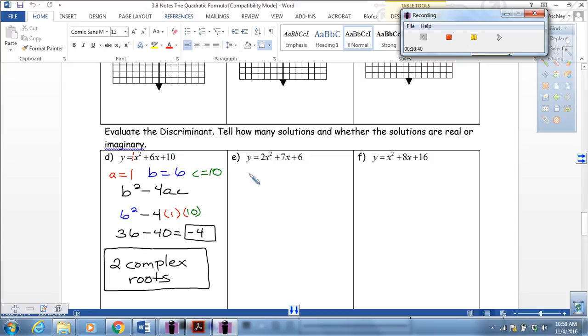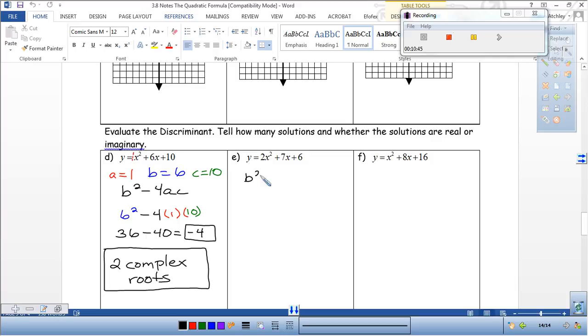Okay, so this is the b squared minus 4ac. Should have given me 49 minus 4 times 2 times 6. So 49 minus 48, which gives me 1.